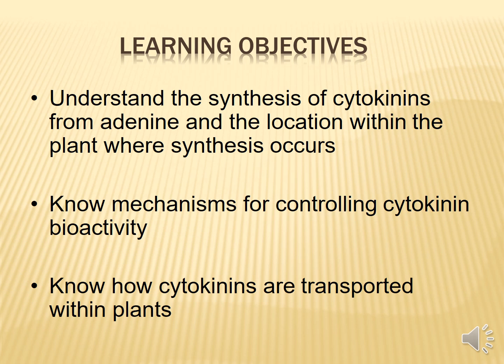The second learning objective is the types of mechanism that are able to control the bioactivity of the cytokinin. The next one, you need to know how the cytokinins are transported within the plant after they are synthesized in the root tips or in the immature seed.